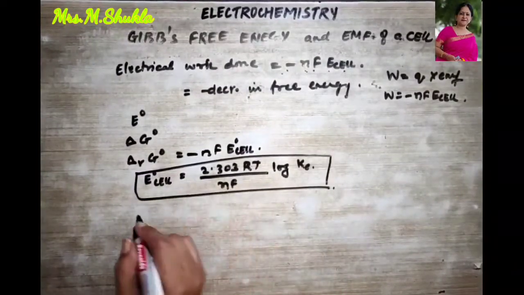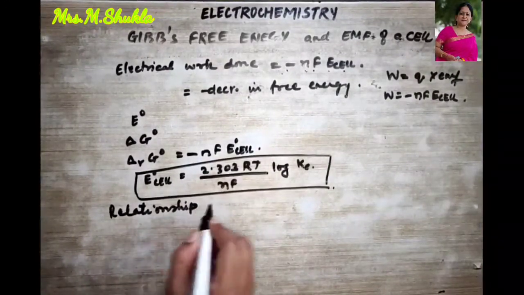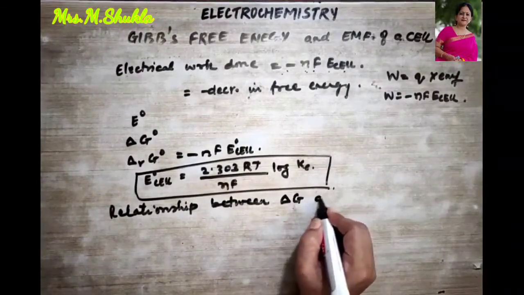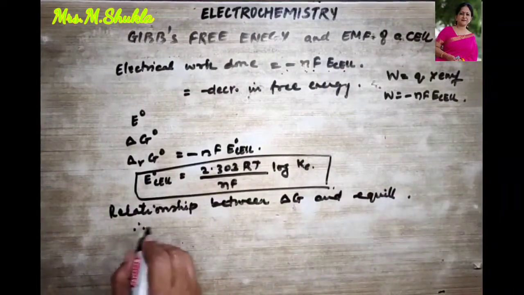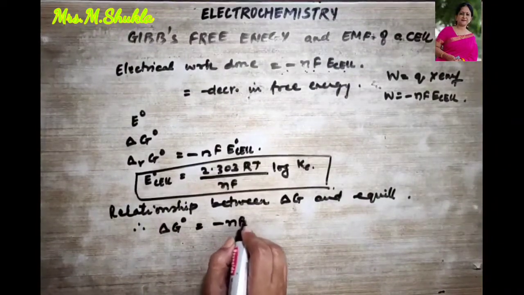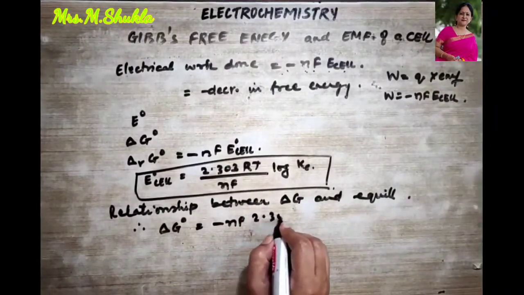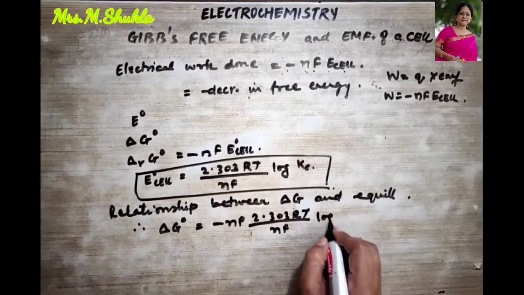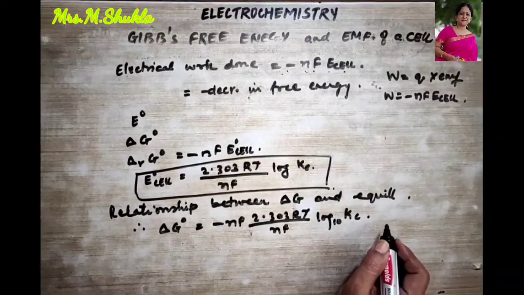Now what is the relationship between Gibbs energy and equilibrium? We know that delta G naught is equal to minus nF into 2.303 RT upon nF log to the base 10 of the equilibrium constant.